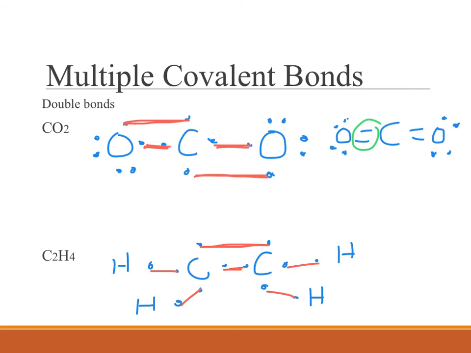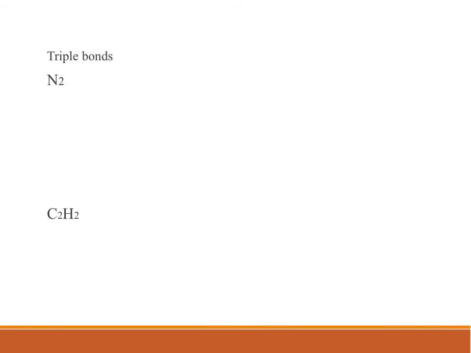So if I was going to draw the molecule in my crowded space over here, we would have carbon double bonded to carbon, and then we would have hydrogen going off on the other side of each carbon. So that's showing you a double bond forming between atoms. Again, just looking to see what valence electrons are present, making bonds between 1 single electron on one atom and 1 single electron on the other. And then finally, triple bonds, 2 common examples of that.